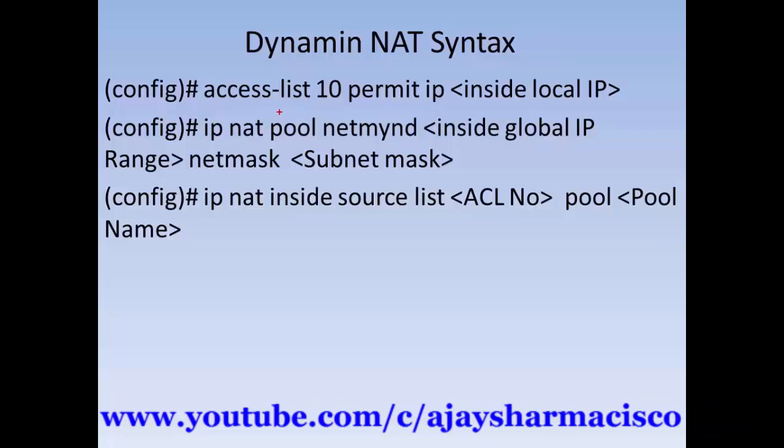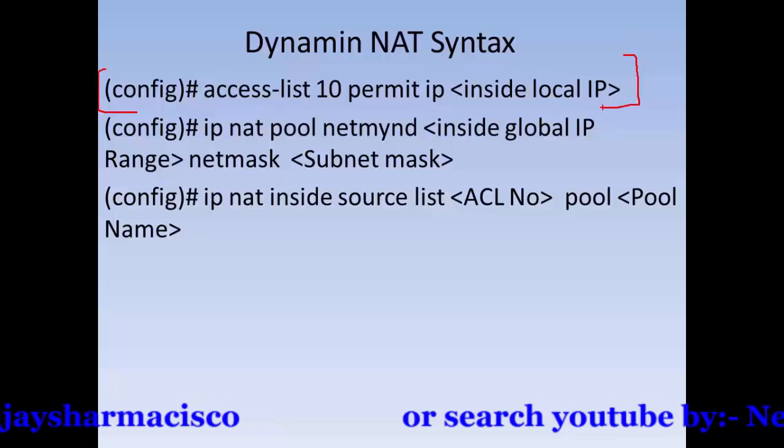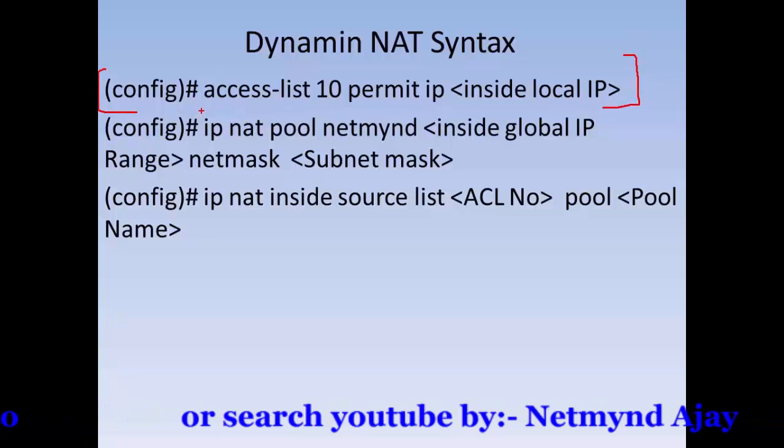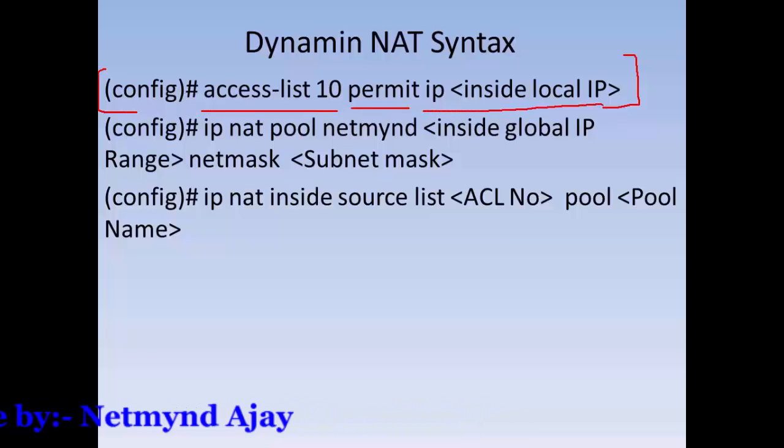First we need to create a standard access list. You can see here access-list 10 permit, whichever IP series I want to permit. Then ip nat pool is a standard syntax, and here we can give any name: the pool name, a group of IP range.